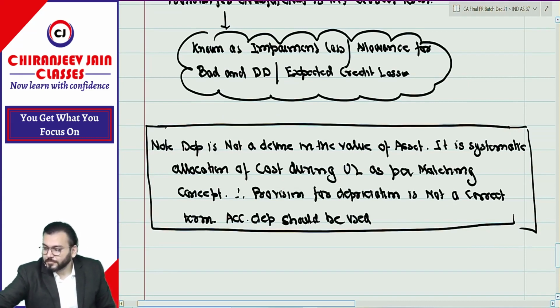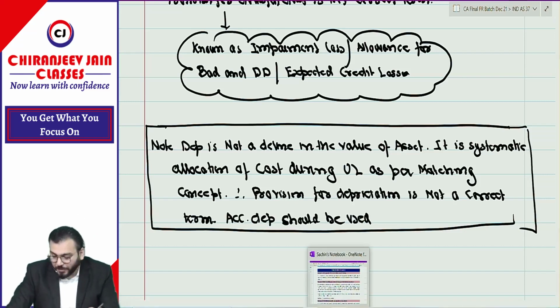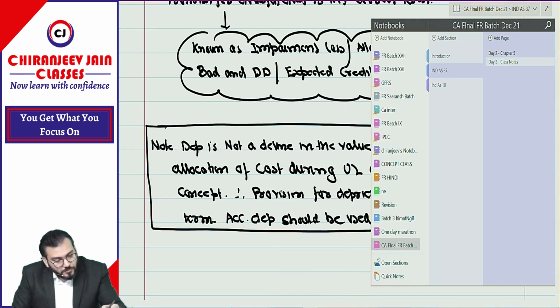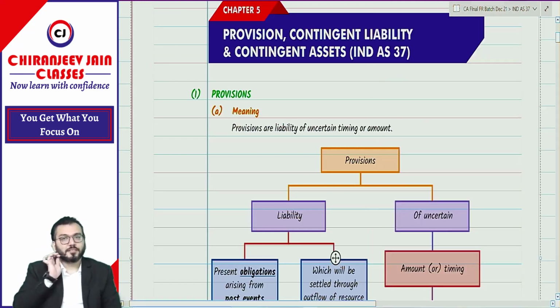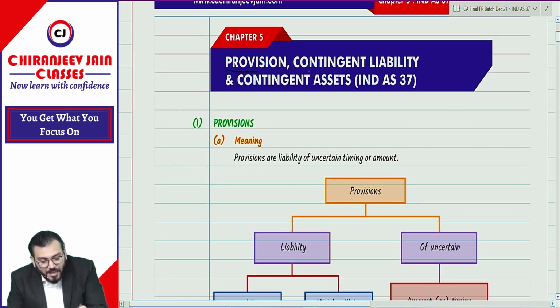Very good. Correct. Now let us come to Ind AS 37: Provision, contingent liability and contingent asset.